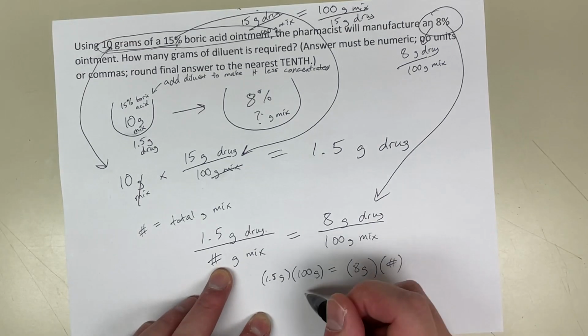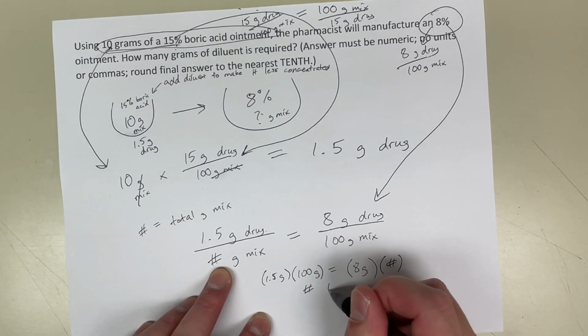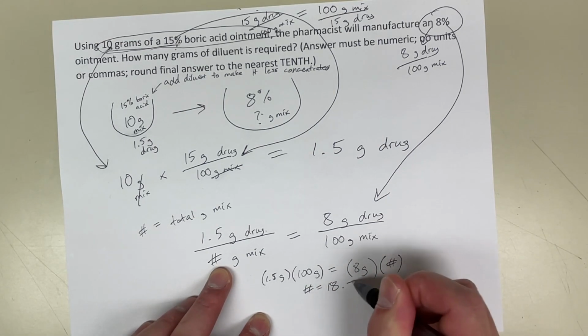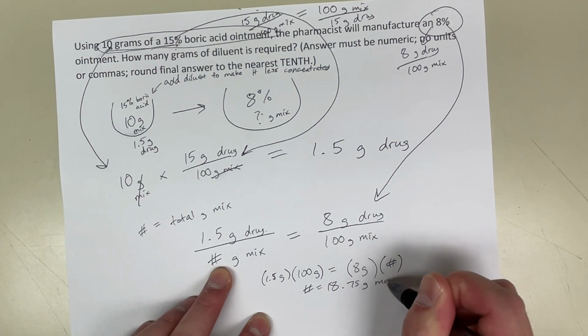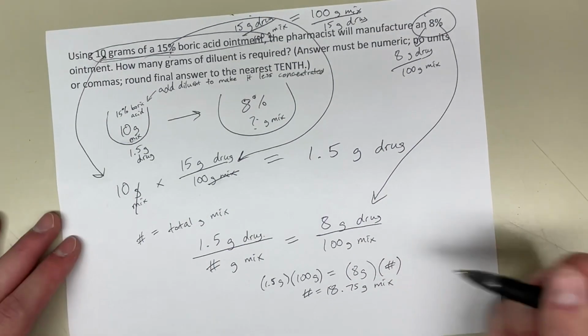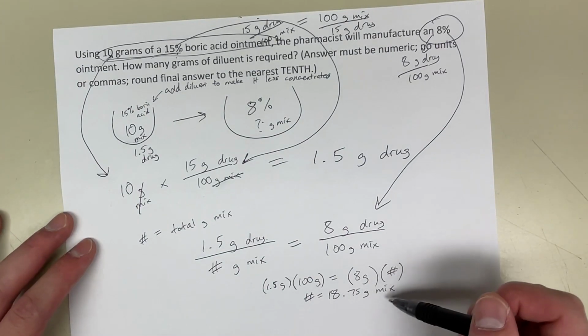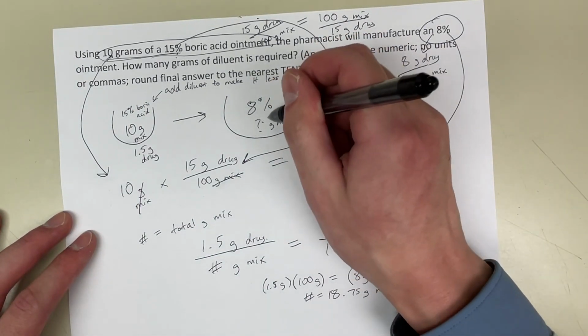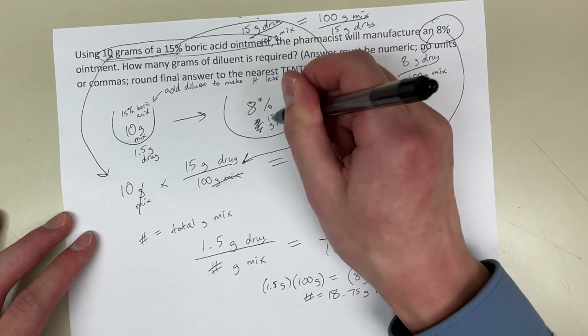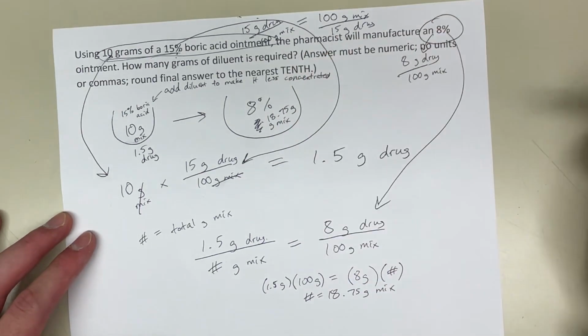And if you do the math, your number should be 18.75 grams of mixture. First thing you should realize, this 18.75 grams of mixture is what this total is in here. This question mark, now I know it's 18.75 grams of mixture.